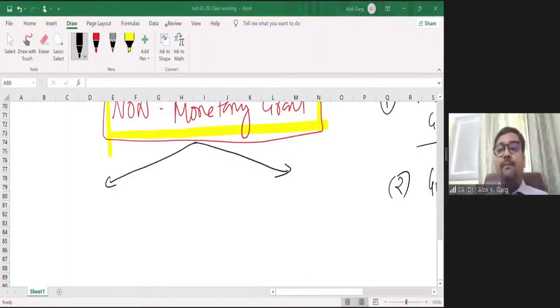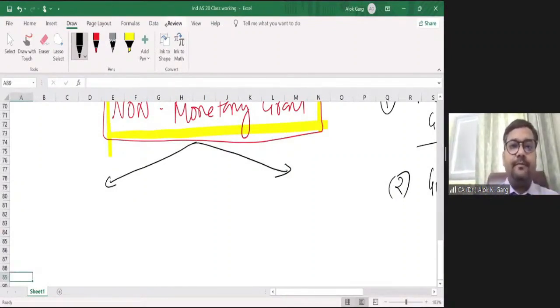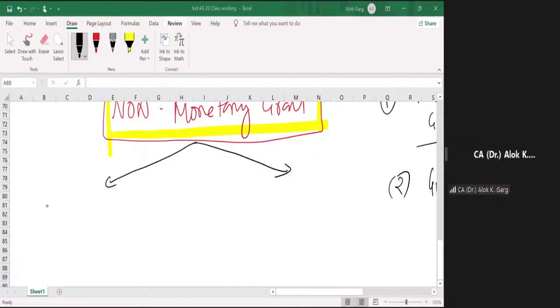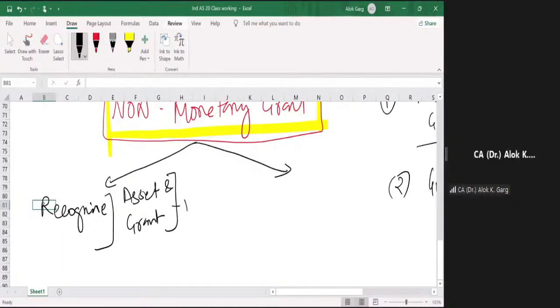For example, the fair value of the machinery is 50 lakh rupees. So in this case, recognize asset and grant at fair value.